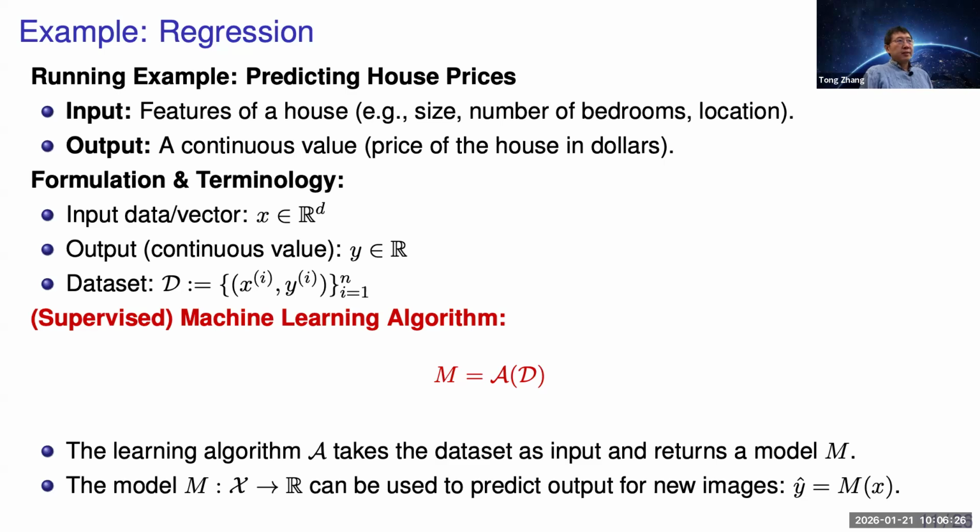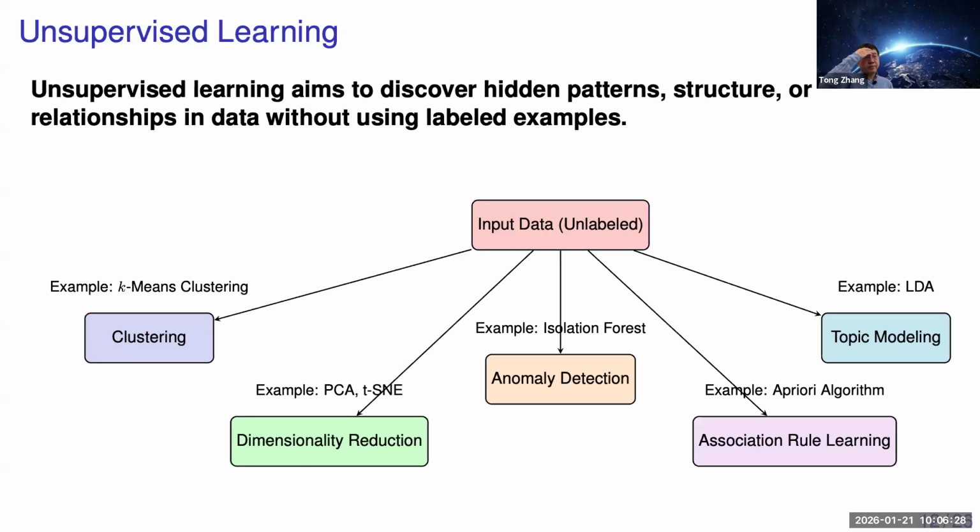So this is the setting. Unsupervised learning is different: there is no label. So what do you learn? I try to discover patterns, the relationships in the data without using any explicit label.